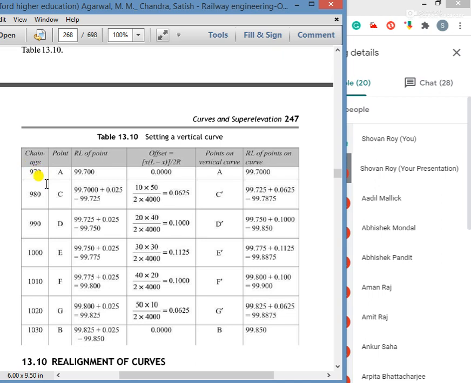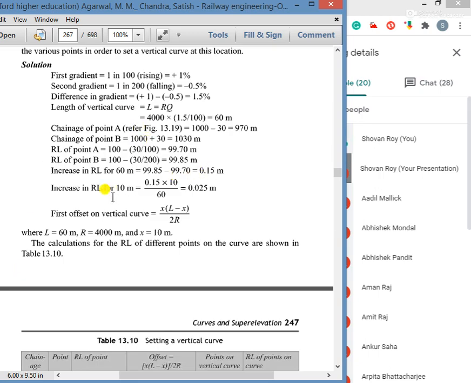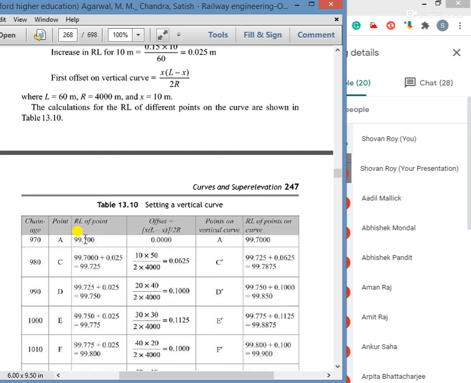Suppose the chainage is 970, the point is A, the RL of the point is 99.7, and the offset after using this formula is 0. So for point A on the vertical curve, the RL on the curve is 99.70. Again, we are taking the increase in RL for 10 meter distance.